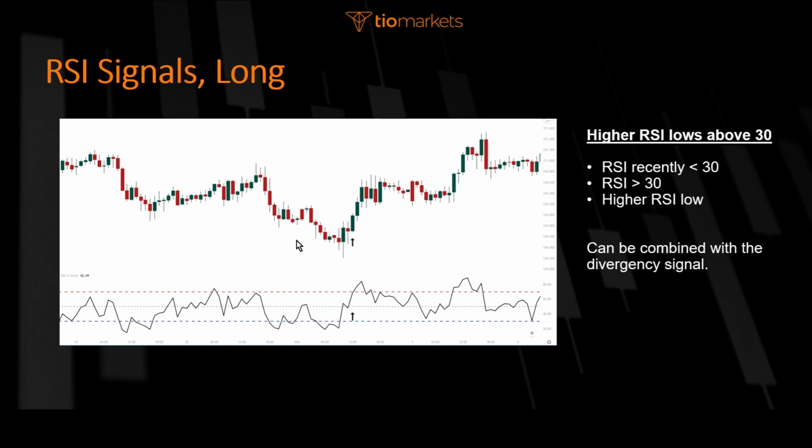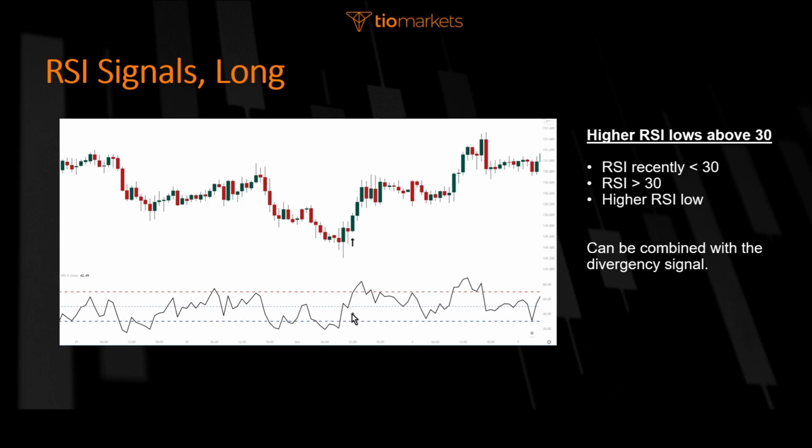Then a higher low in RSI above 30. So recently, again, the price moves so much that the RSI is below 30. So we have an oversold condition. But then we have an additional filter here. Not only we wait for the RSI to move above the 30 level, but we want to see a higher reactionary low.